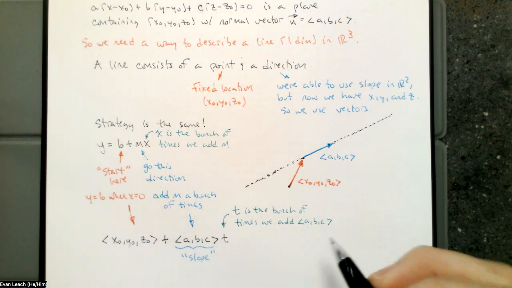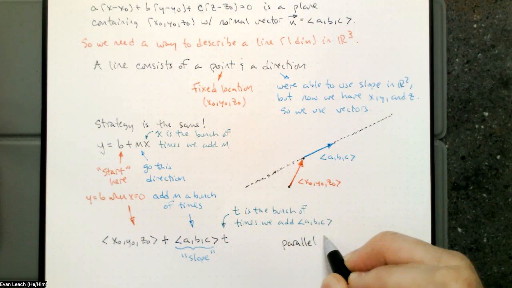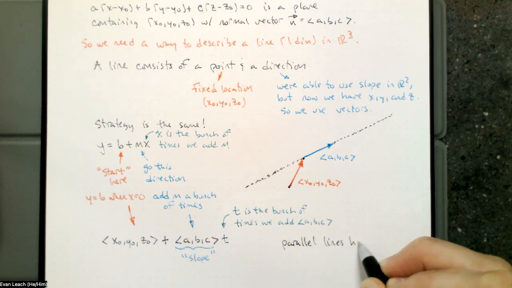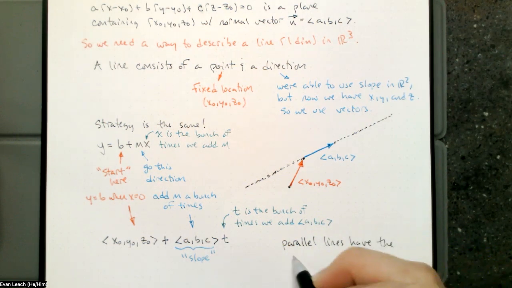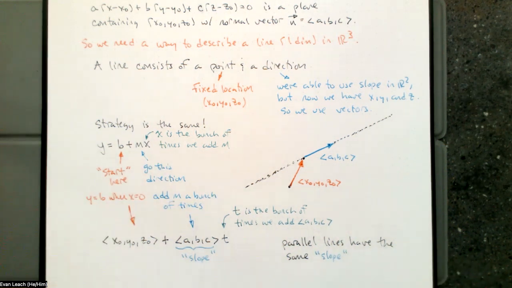So we want to note that parallel lines have the same slope, just different starting locations. It's sus for me to say start because the line goes forever in both directions, but parallel lines have the same slope. It's also weird for me to say slope, but I mean direction vector, same direction.